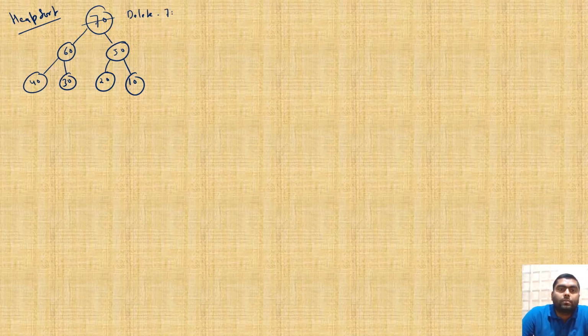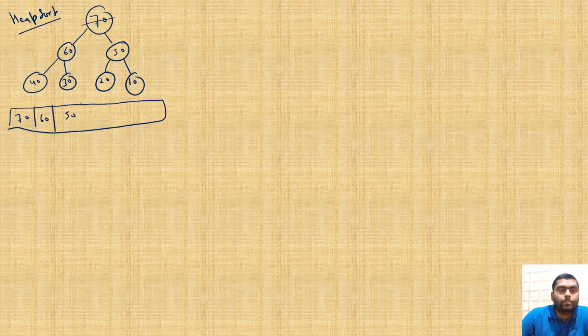Delete what? 70. So what is the initial array? The initial array is 70, 60, 50, 40, 30, 20 and 10. This is the initial array.